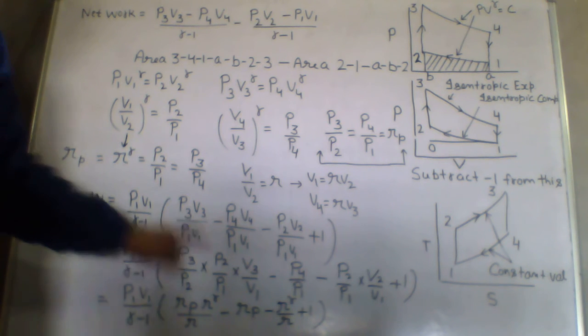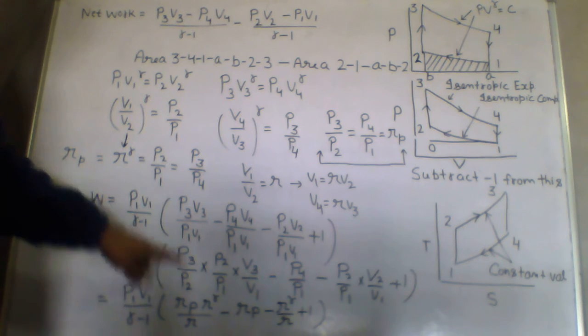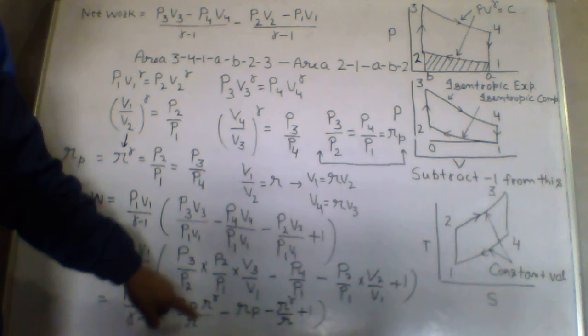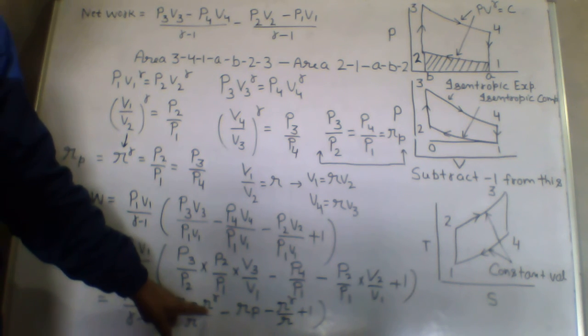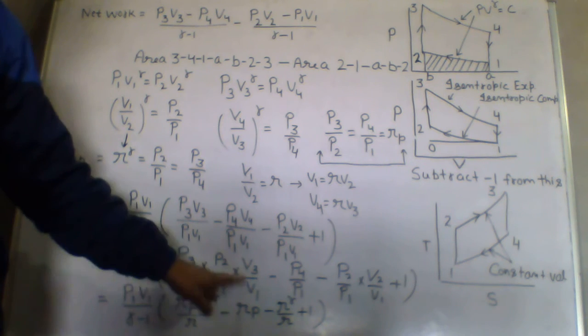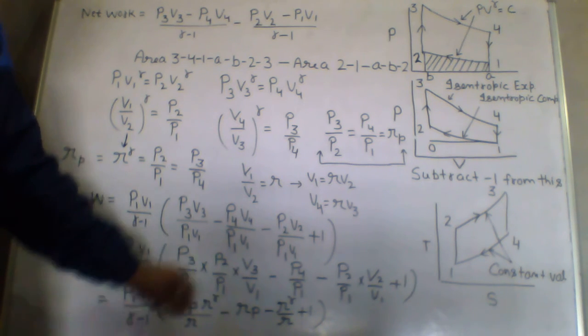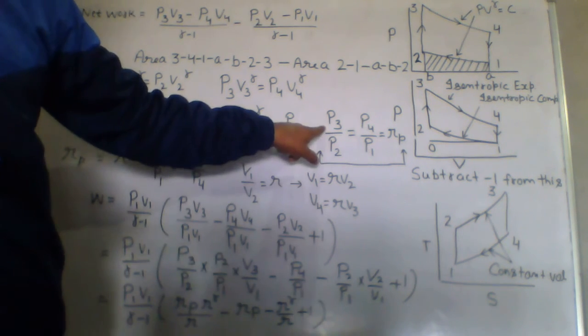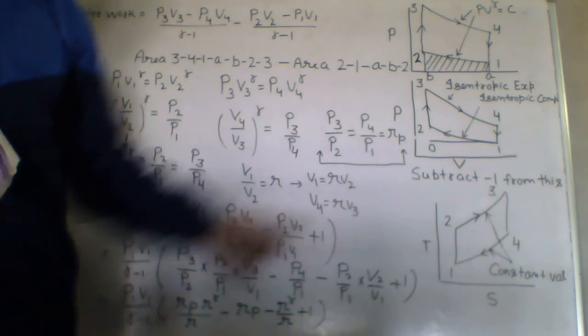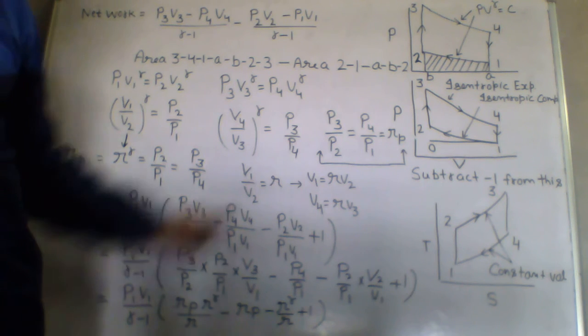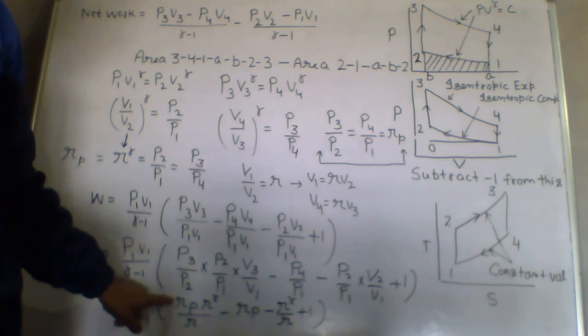You can also replace P2 by P1 with r raised to power gamma, and V3 by V1 with r. You can see here that P3 by P2 is equal to P4 by P1 is equal to rp. So you can replace P3 by P2 from here with rp.